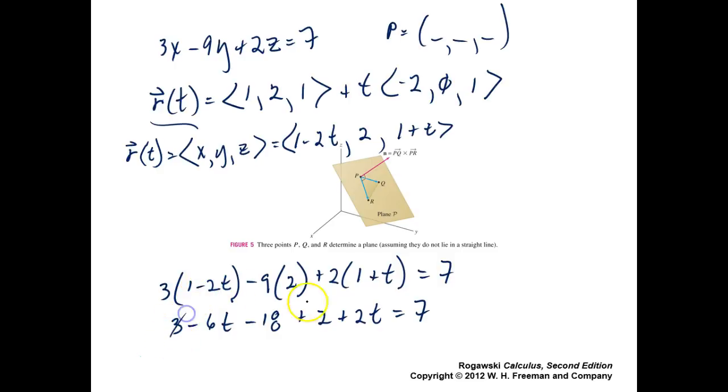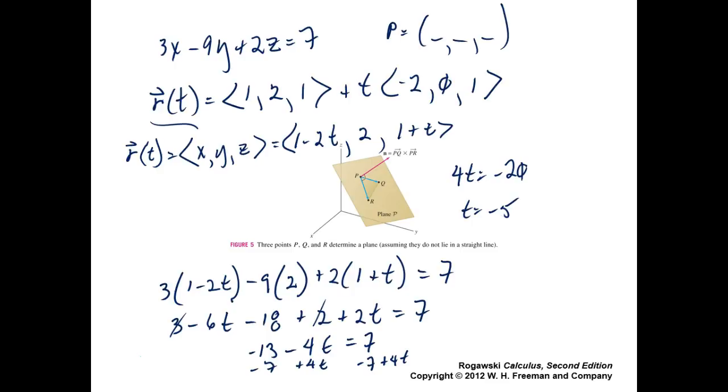Here we have 5 minus 18 would be minus 13 minus 4t is equal to 7. I think I'll subtract 7 from both sides and add 4t to both sides. So I've got 4t is equal to, I believe it's negative 20, isn't it? t is equal to negative 5. Okay?